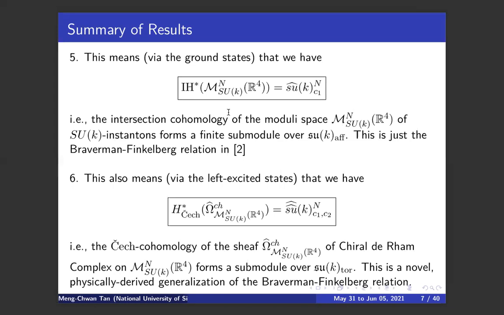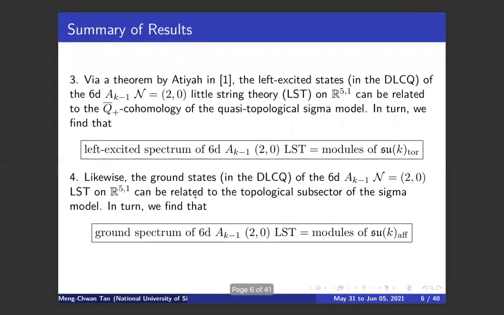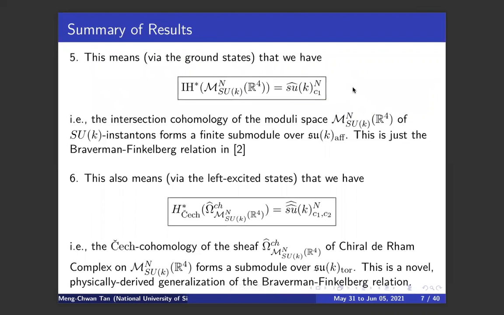That's because in the math literature, a more rigorous and more concrete way of expressing cohomology on a space that has some singularities in it is this. But there is a relationship between the L-squared cohomology and intersection cohomology. So this here actually captures the ground spectrum of this guy, and this ground spectrum is equal to modules of SUK. So we end up getting this expression.